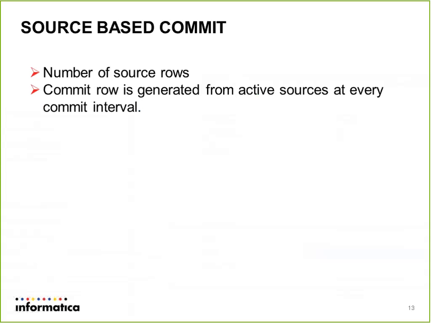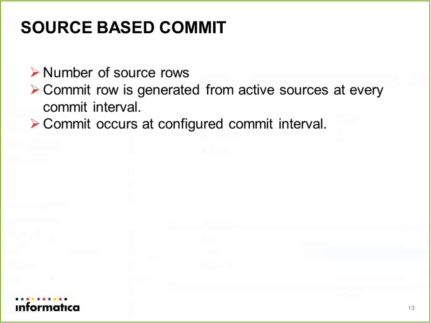This includes the following active sources: source qualifier, application source qualifier, aggregator, joiner, rank, sorter, etc. These active sources form the commit source for each pipeline in the mapping. That is, when you run the session, the integration service generates a commit row from these active sources at every source-based commit interval. The number of rows committed to the target will be the same as the commit interval. The number of rows held in the writer buffers does not affect the commit point for the source-based commit session.